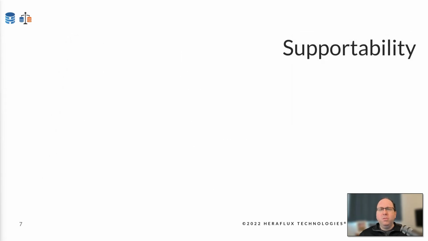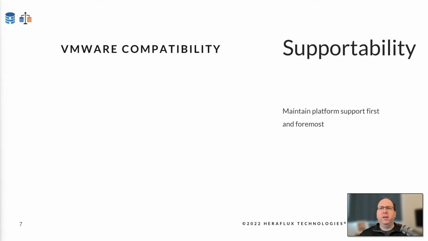You also need to be able to support whatever HA solution, and that includes the technical compatibility with a lot of this stuff. VMware does not certify specific versions of SQL Server, and this is something that some organizations really look for. They will not certify a particular version. They'll certify a version of the operating system, and that version of the operating system then supports that version of the database engine.